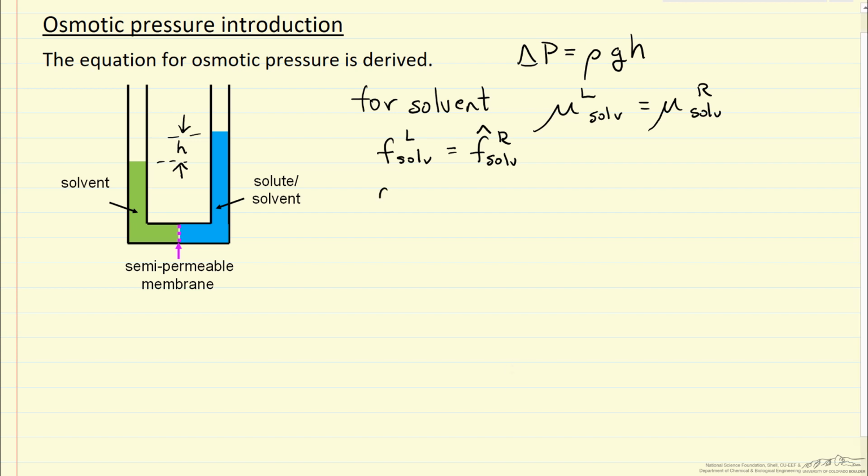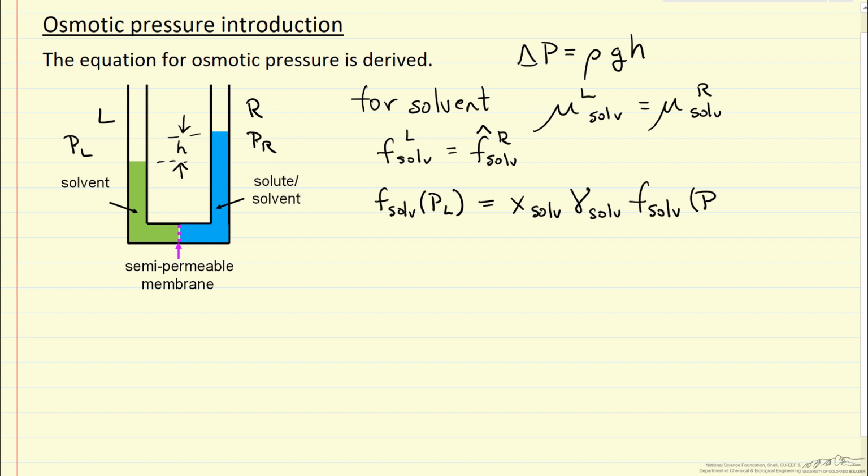So on the left side, the fugacity of the solvent is calculated at the pressure on the left side. So left side, right side, pressure here, pressure here. And on the right side, the fugacity of this mixture is going to be the mole fraction of the solvent, the activity coefficient of the solvent, and then the fugacity of the pure solvent, but evaluated at the pressure on the right side.